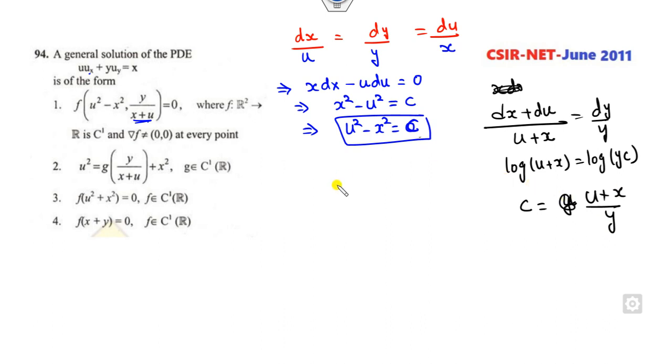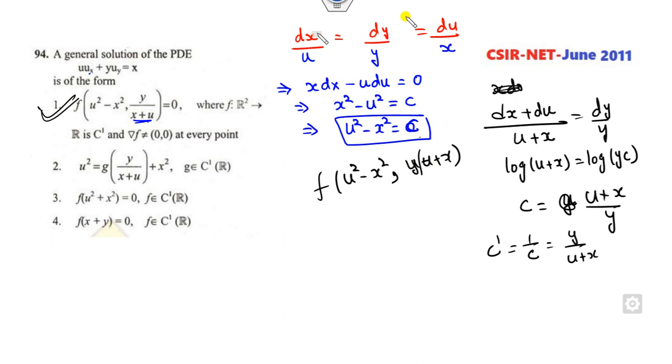So there are two constants. I can write this one as u square minus x square, and I need y over this, so I can take the reciprocal. I can write another constant y over u plus x. So the first option is correct.